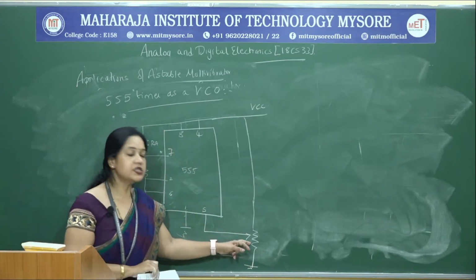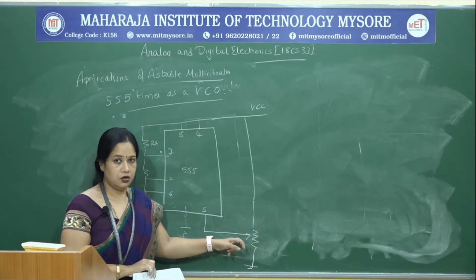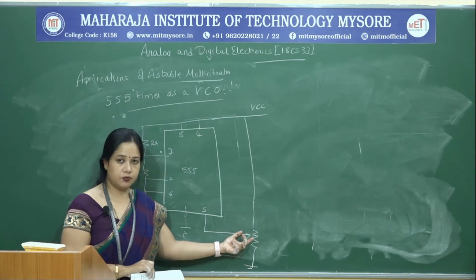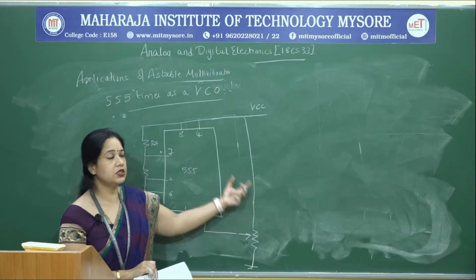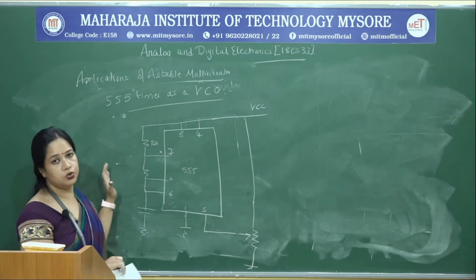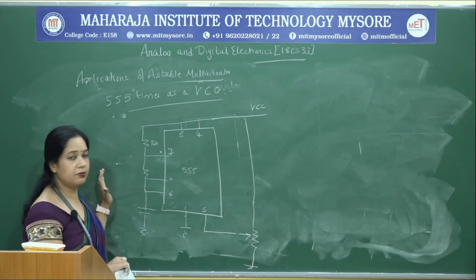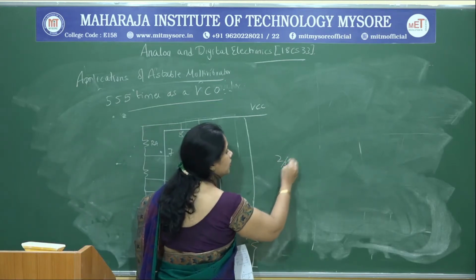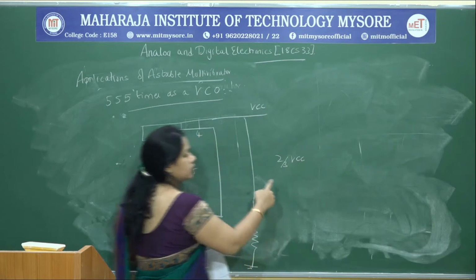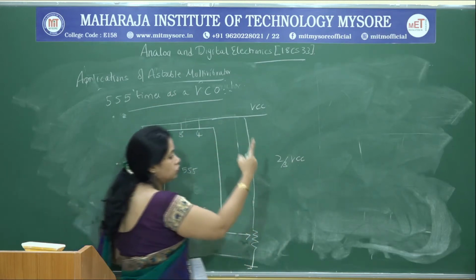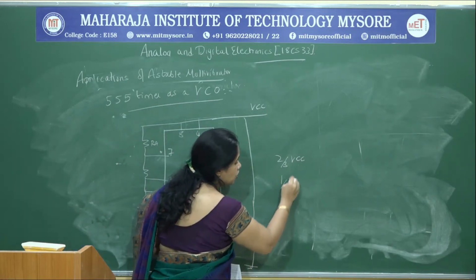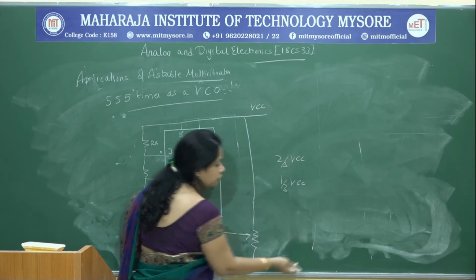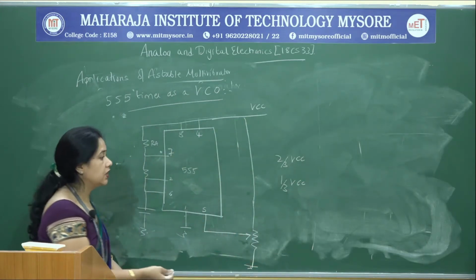So, the position of the wiper on your potentiometer decides what control voltage is given to the astable multivibrator, and you are aware the charging and discharging times are dependent on it. It is charging from 0 to 2/3 VCC and discharges from a maximum to 1/3 VCC.